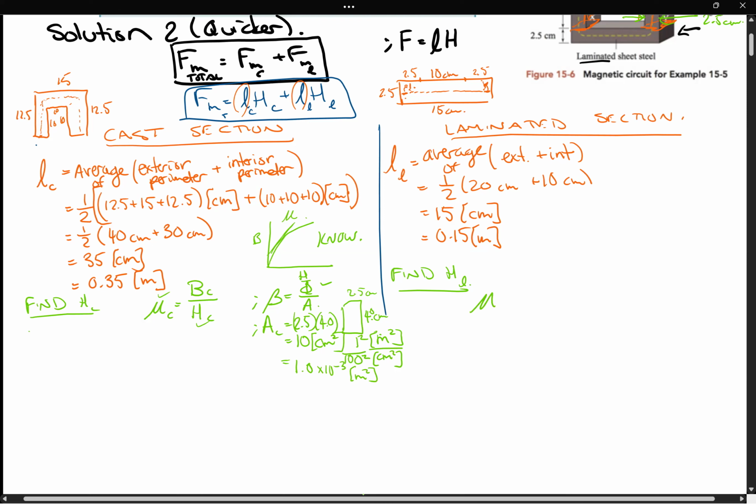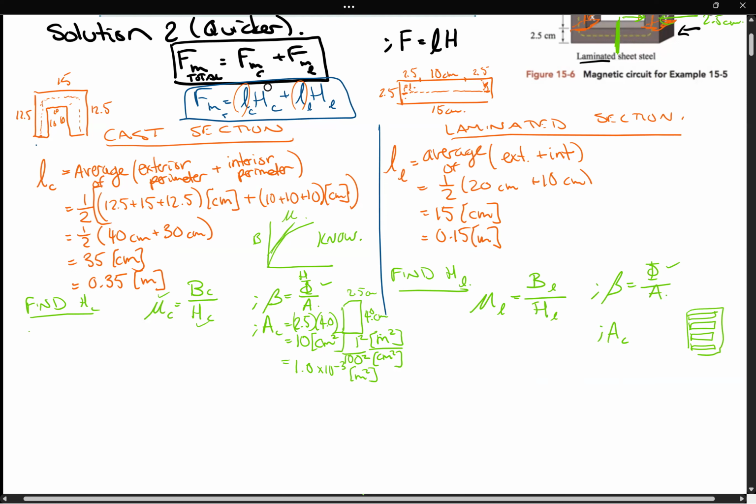Okay, and same with over here. I want the permeability of the laminated steel, which would be the flux density of the laminated steel over H, in order to find H of laminated steel. I know that the flux density is the flux, which is given, divided by cross-sectional area. Therefore, I have to find the cross-sectional area over here. Well, this one's a little bit harder, because if I were to cut the laminated steel up here, then I would see that it's actually like this with laminations when I cut it.